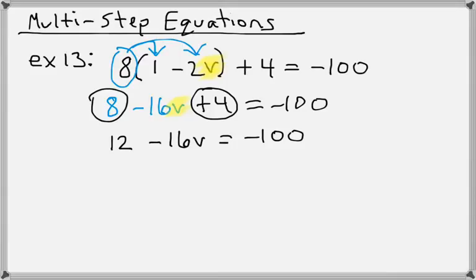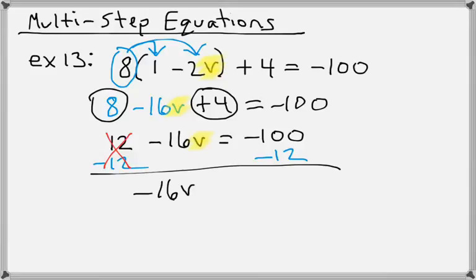How are we going to get this v by itself? That's still our end goal. I need to undo that positive 12, so I do that by subtracting 12 from both sides. 12 minus 12 gives us a 0, so that cancels out, leaving us with our negative 16v is equal to a negative 112.